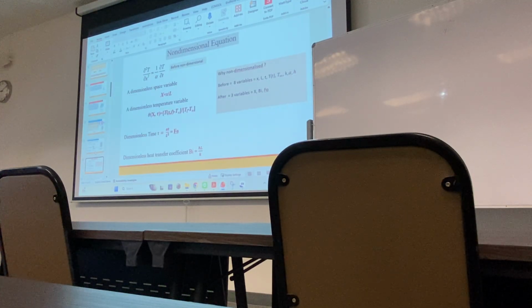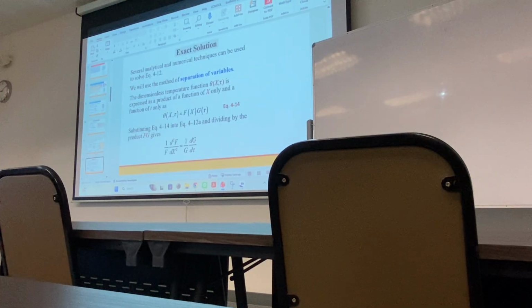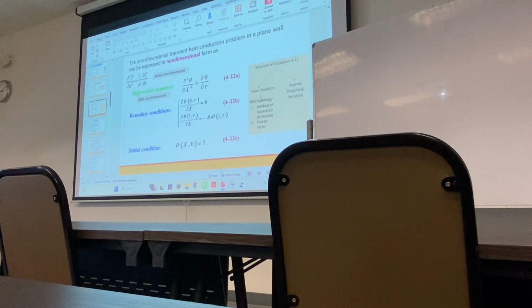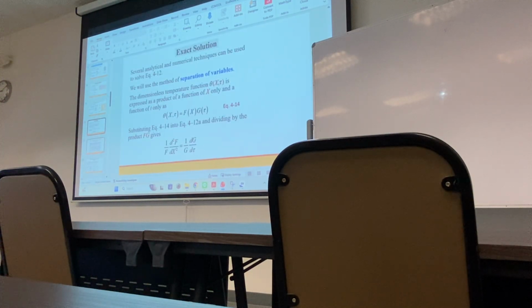We non-dimensionalized in our last class. These values were the dimensionless space variable, dimensionless temperature, dimensionless time, and the Biot number. So we were non-dimensionalizing our equations.